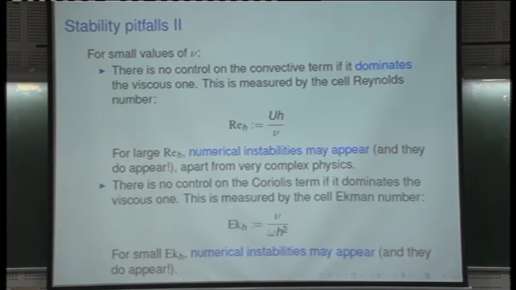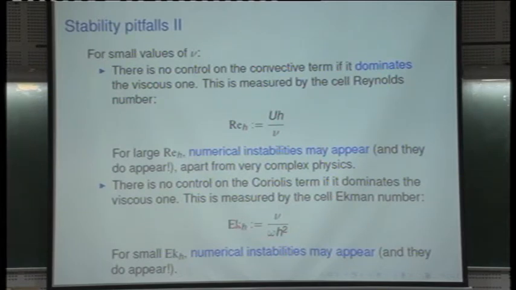And there is also this problem that there is no control on the Coriolis term if it dominates the viscous one. And the dominance of the Coriolis term over viscosity is measured by the so-called Ekman number. The Ekman number is the rotation speed times a length size squared.